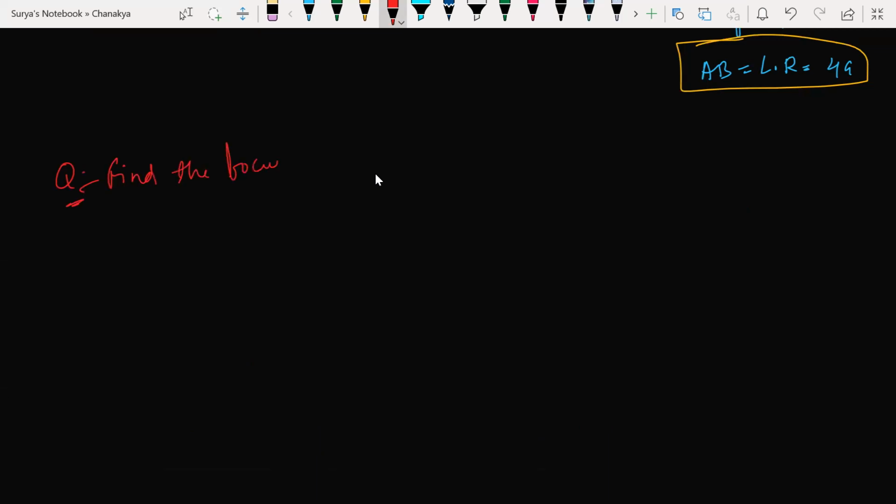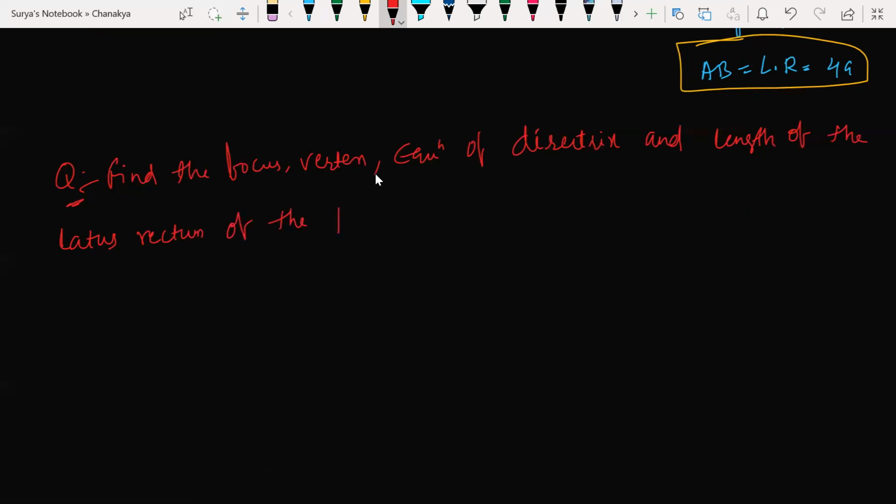Find the focus, vertex, equation of the directrix, and the length of the latus rectum of the parabola y square minus 8x minus 2y plus 17 is equal to 0.